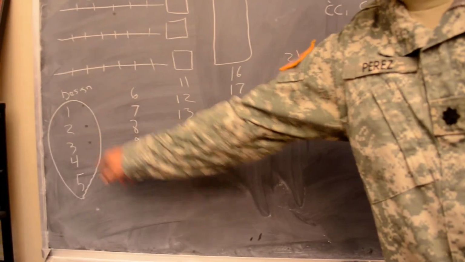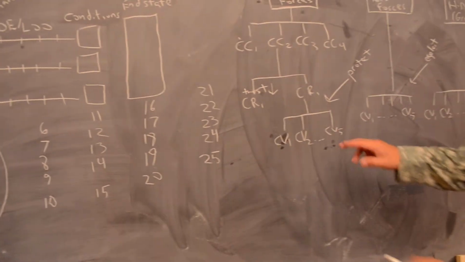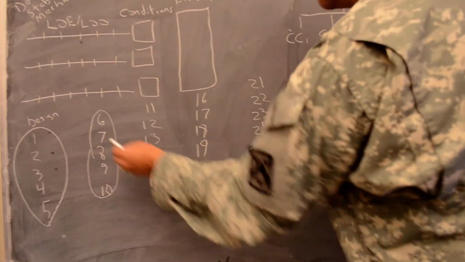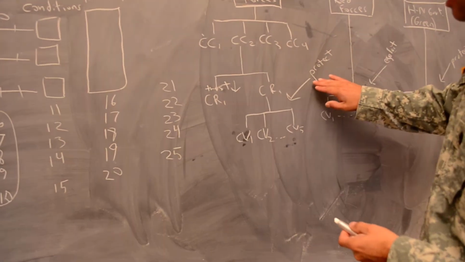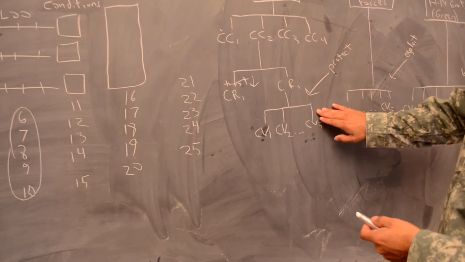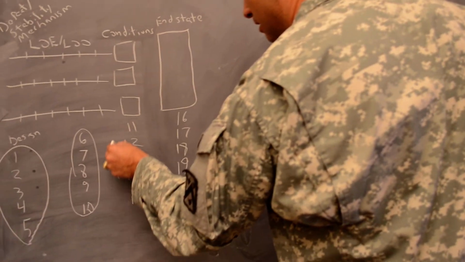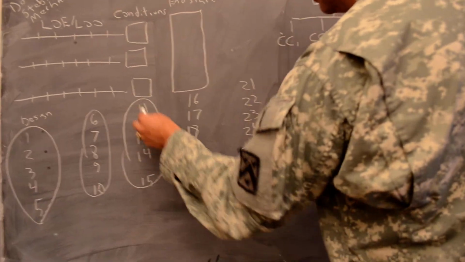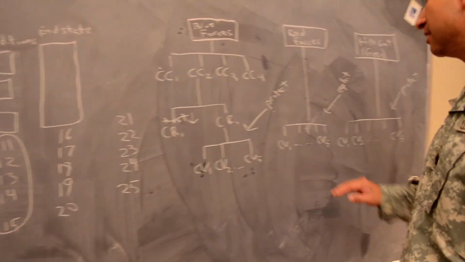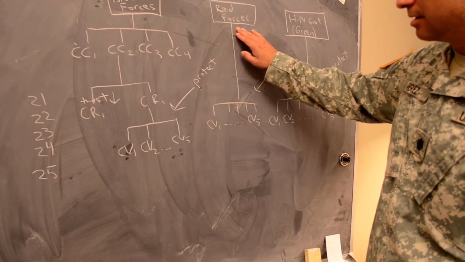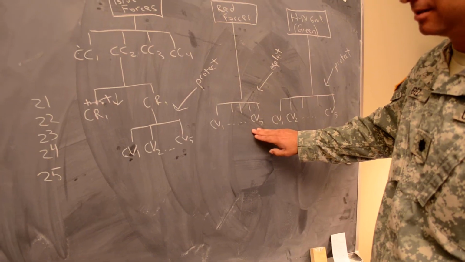We've already created 1 through 5. These objectives here come from design. We're going to say that 6 through 10, these objectives are intended to protect our critical vulnerabilities. We're going to say that objectives 11 through 15 are intended to exploit the enemy's critical vulnerabilities.